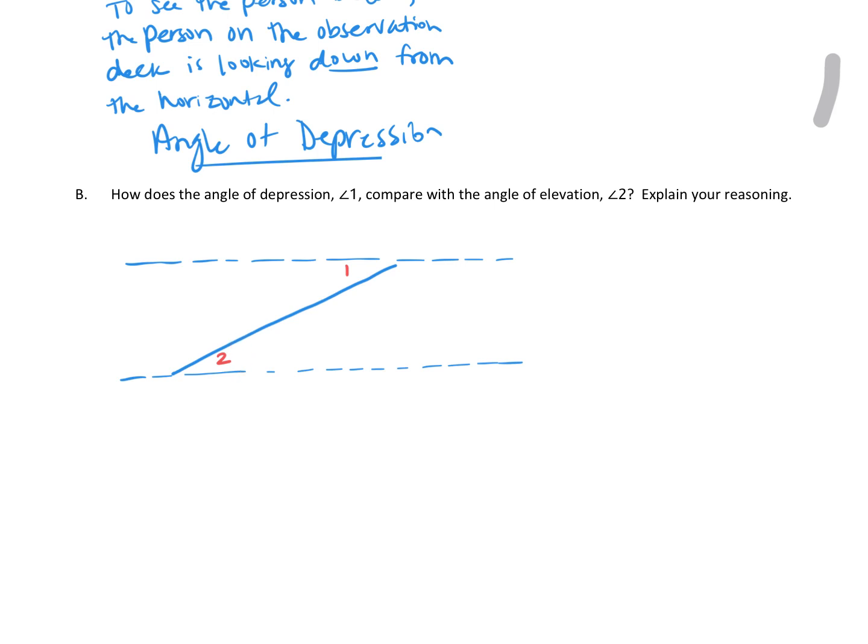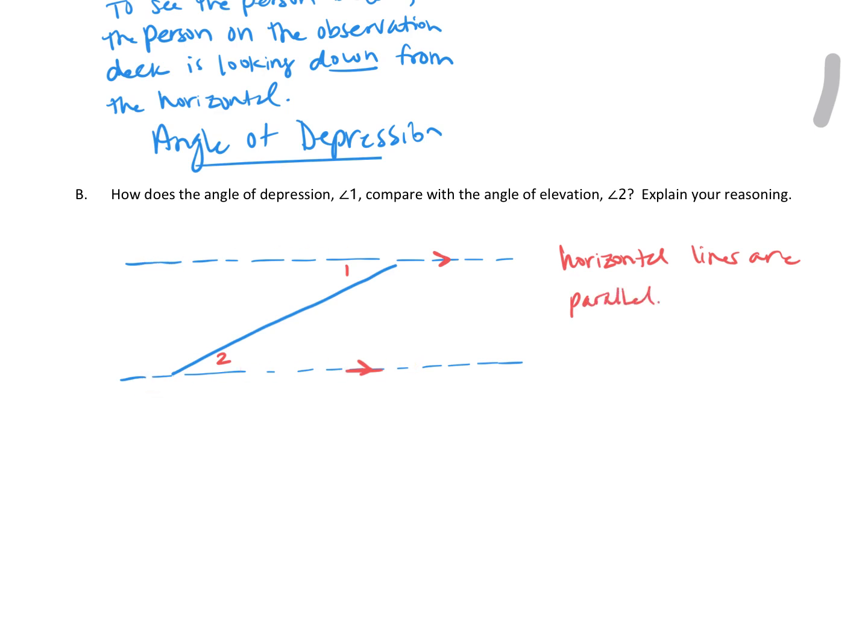So how do these two angles compare? Well, because both angles are formed by a horizontal line and another line, we are going to say, hey, you know what? Those horizontal lines are parallel. And we know some things about parallel lines.